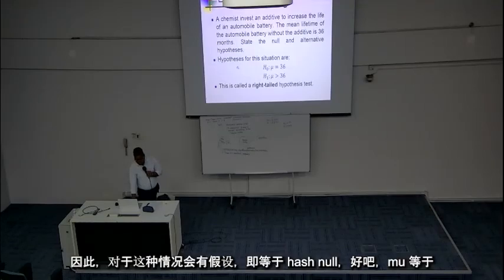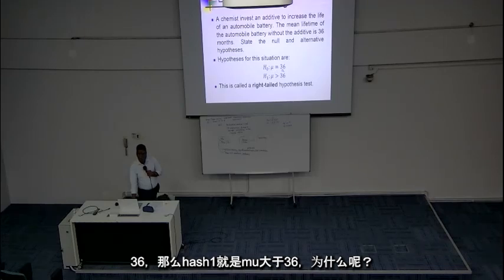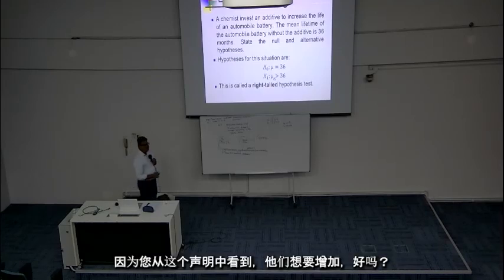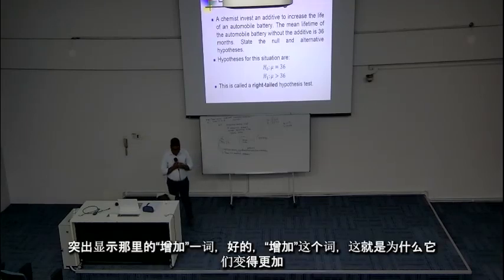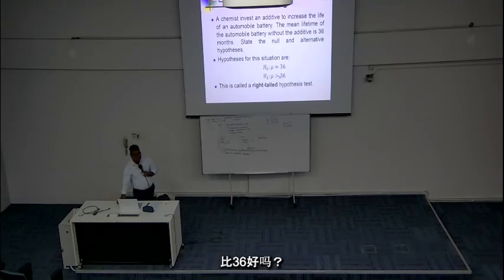The hypotheses for this situation are H null: mu equals 36, and H1: mu is greater than 36. Why? Because from the statement, they want to increase. Highlight the word increase there.